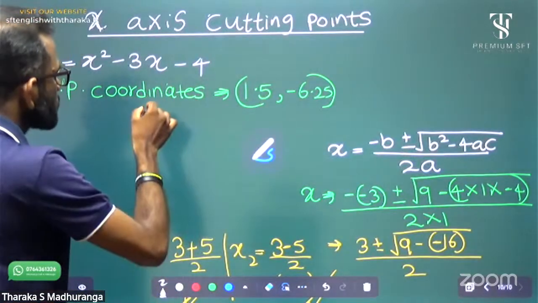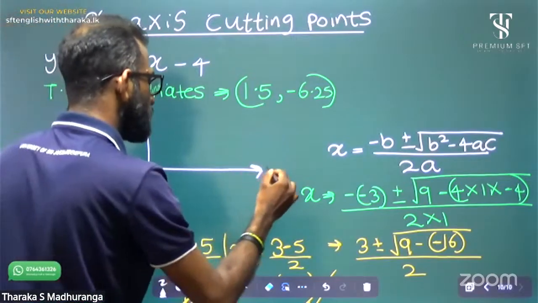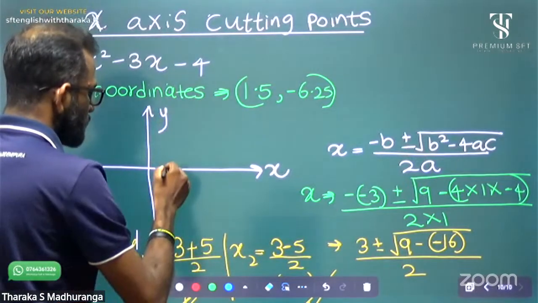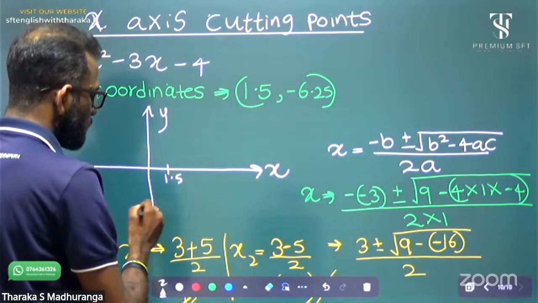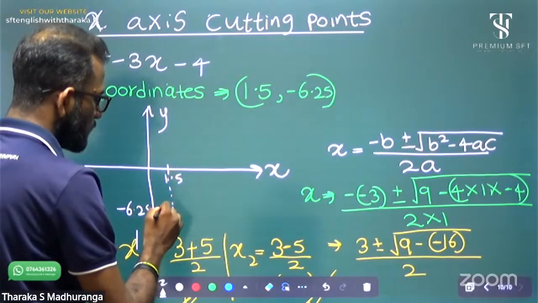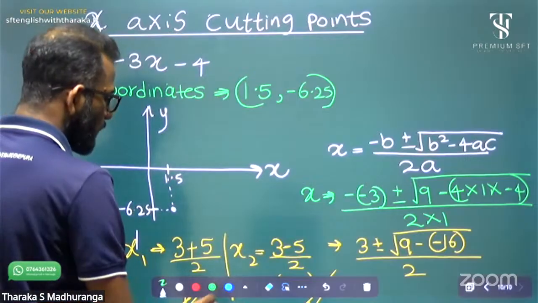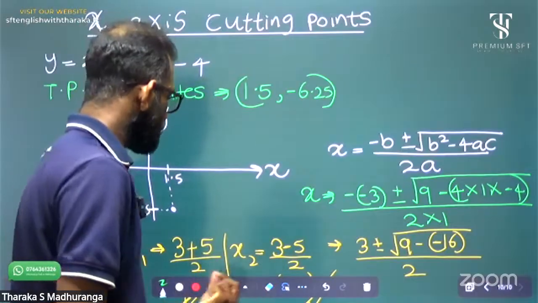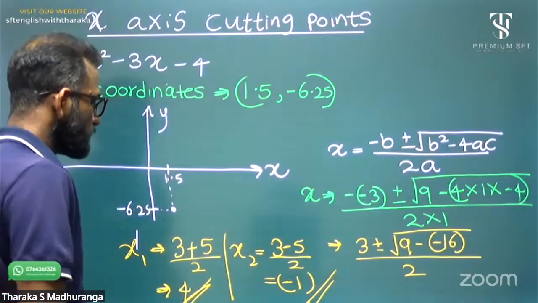Okay, now you can sketch this. This is x and this is y. This is 1.5, this is minus 6.25. This is the turning point. But the problem is we don't know the x-axis cutting points. Now you have calculated the x-axis cutting points are 4 and minus 1.